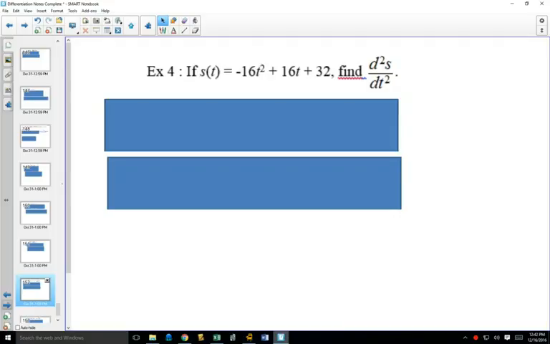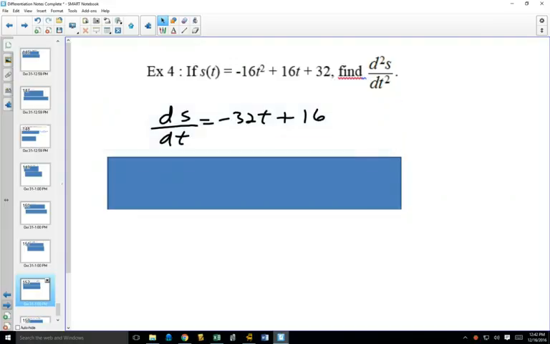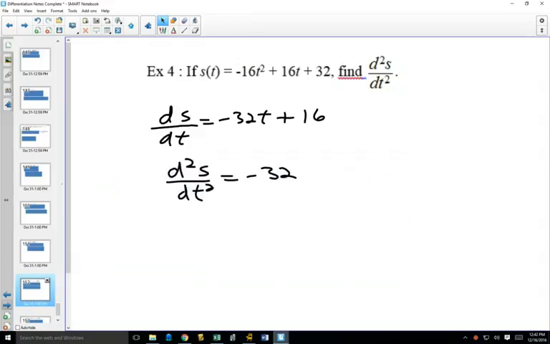This is notation that would normally be used for distance and time. So here's some function with distance and time. And if we find our first derivative, we get negative 32t plus 16. And if we do our second derivative, we get negative 32.